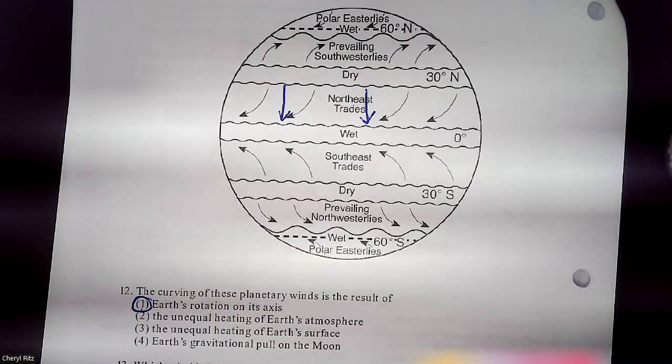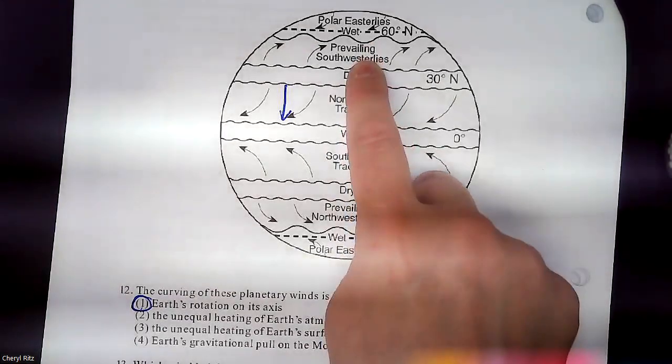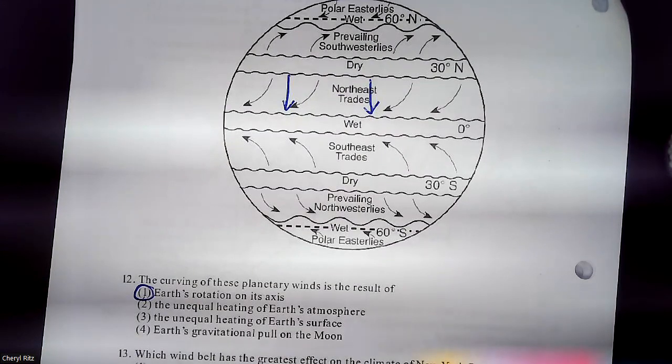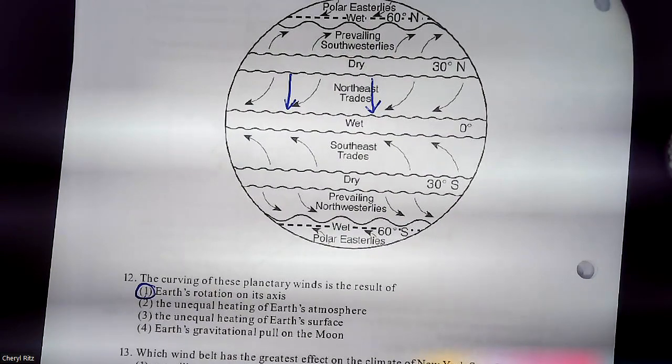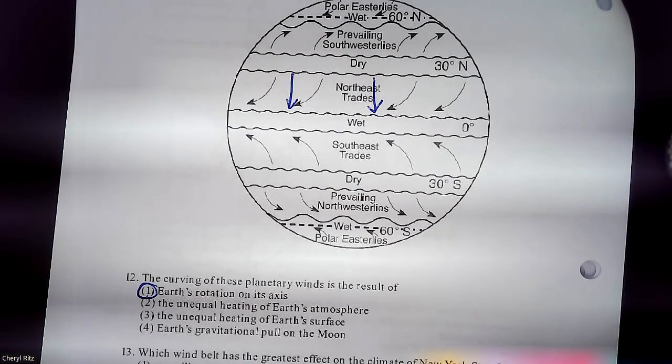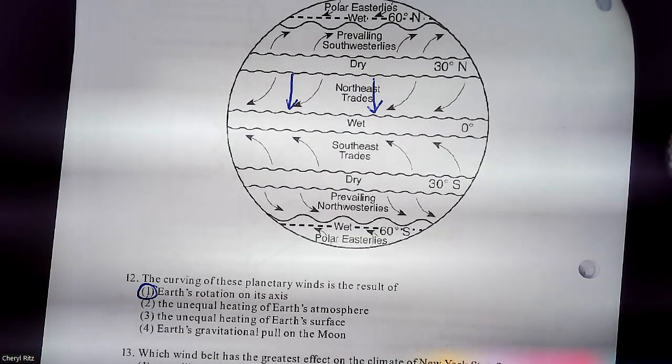If the Earth was standing still, these arrows would go straight down or straight up, depending on which ones they are. But because it spins, it makes it look like the arrows curve. A wind belt that has the greatest effect on New York State. Can I ask how many of you picked Northeast trades, answer 3?